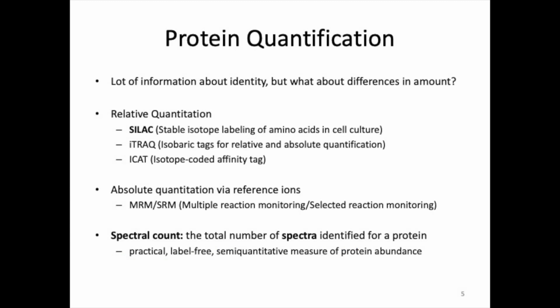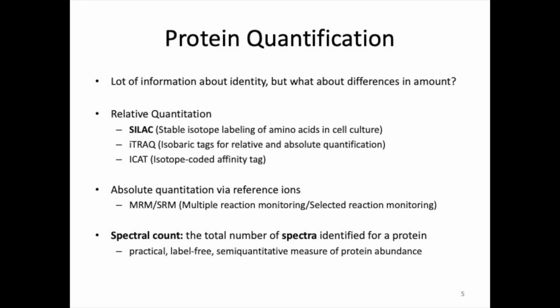For protein quantification, there are different experimental techniques that use different quantification approaches. SILAC, iTRAQ, and ICAT can generate relative quantification. For example, using SILAC, you can generate a ratio of the abundances of proteins from two different samples.